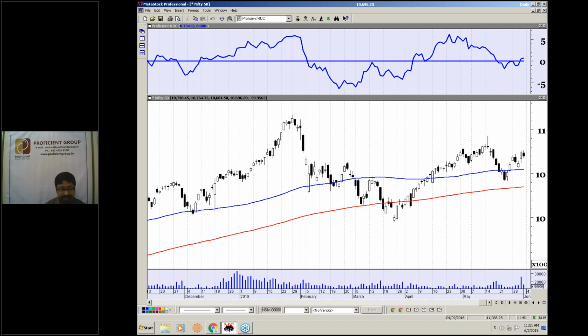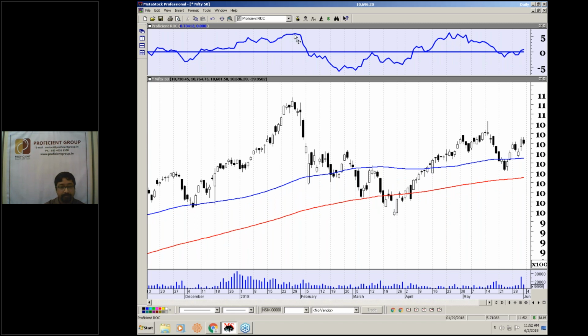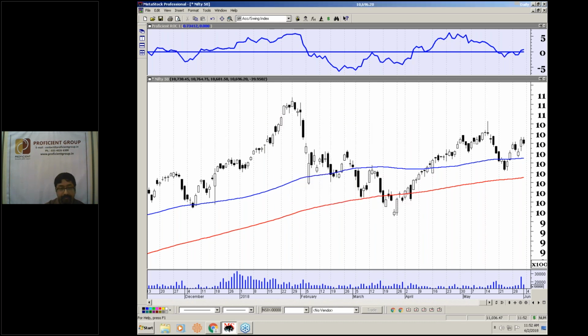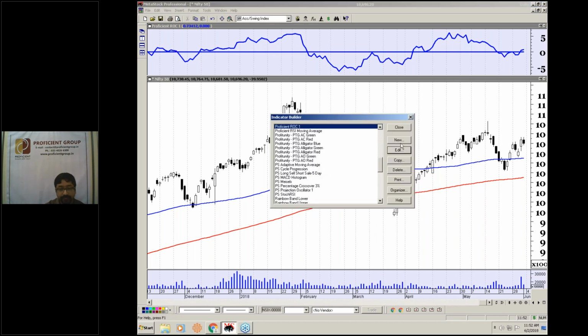According to Dow theory, there are basically three kinds of trends: primary, secondary, and short term. And we are going by that logic, and we are trying to construct three different ROCs to reveal the trends and the entry and exit points within the trend, right? So here we go. I am naming it Proficient ROC1, and I am going to construct two more ROCs.